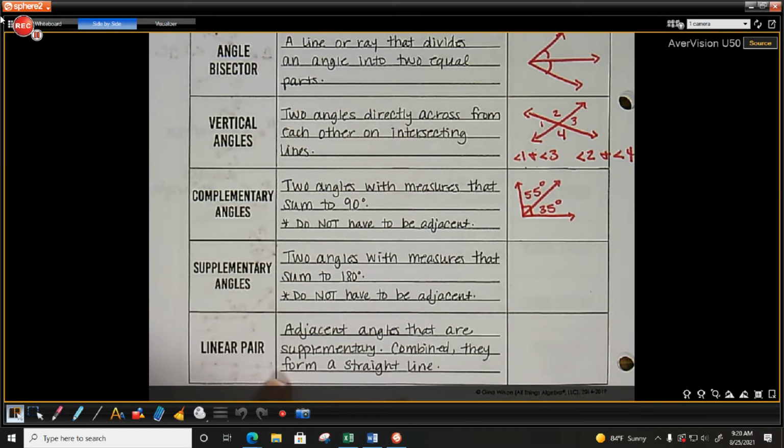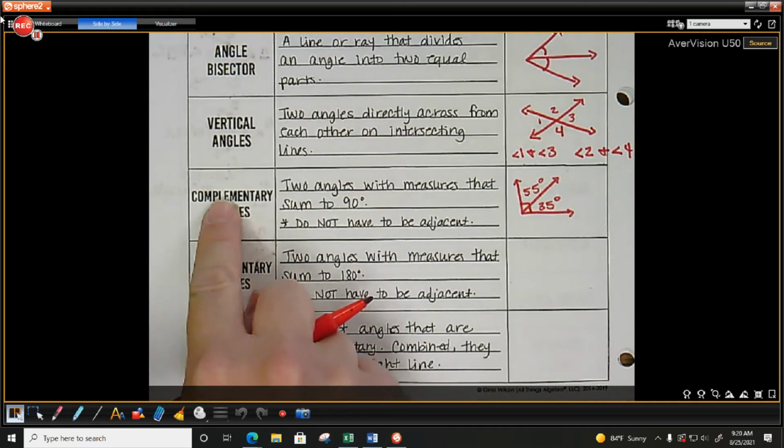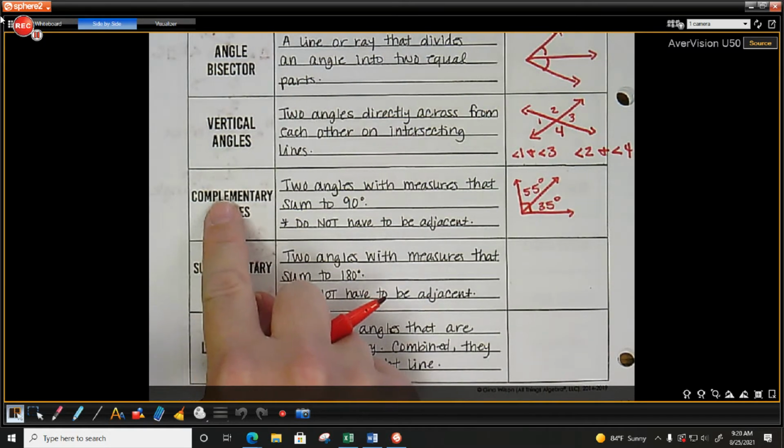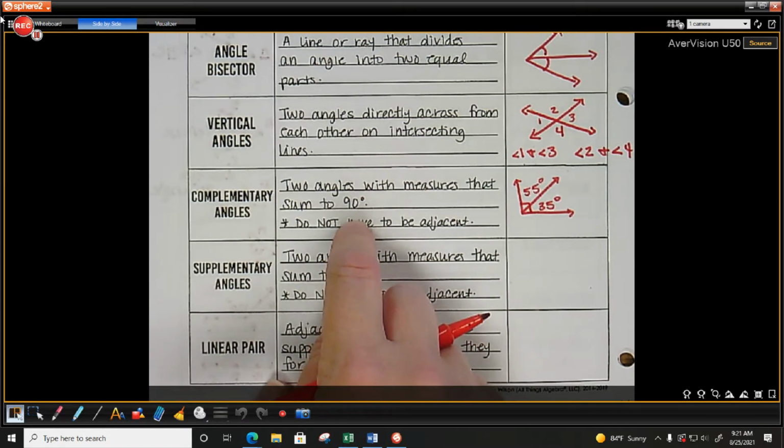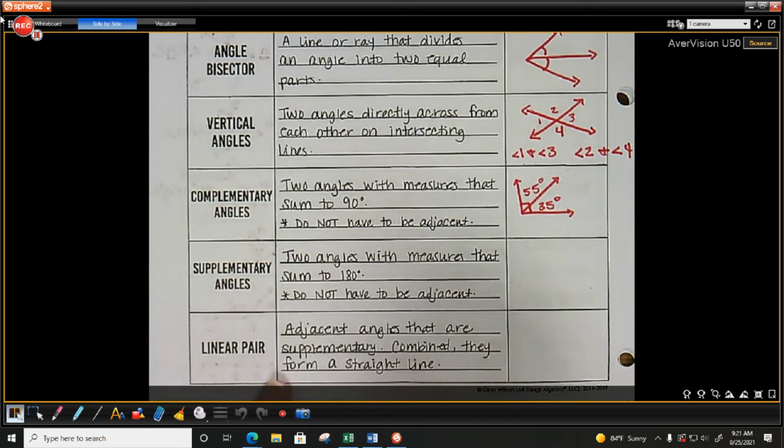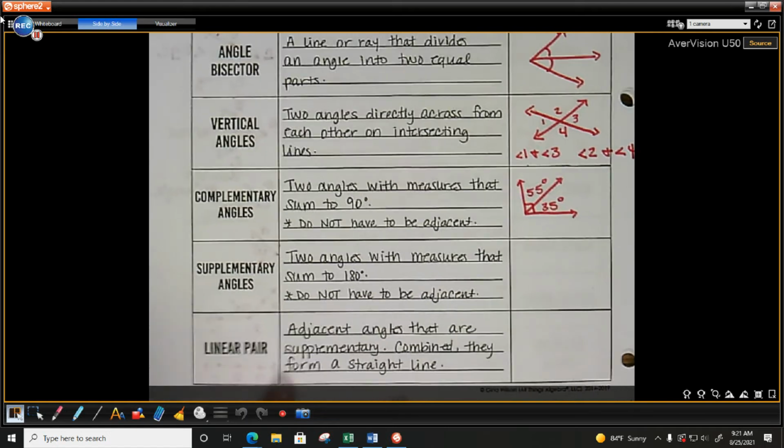Isn't it a good thing to give people a compliment? So compliments are always right. So complementary angles are always right angles or 90-degree angles. Okay? So that's a way that you can help remember complementary means 90 degrees. Because it's not super hard if you just remember the vocabulary word complementary means 90 degrees.